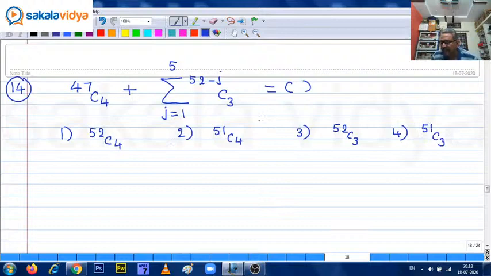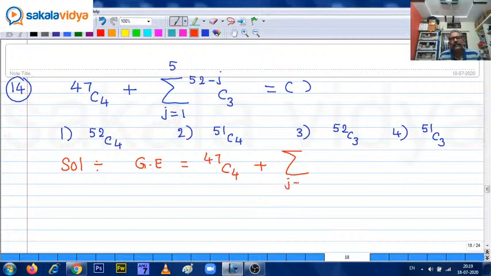What is the answer? See now the solution. Given expression equals 47C4 plus sigma j is equal to 1 to 5, (52 minus j) C3.